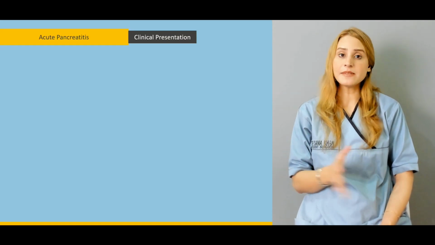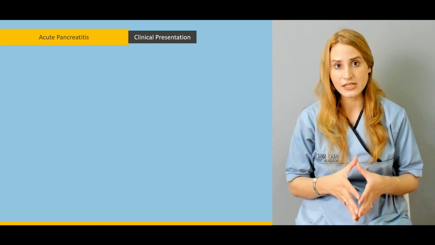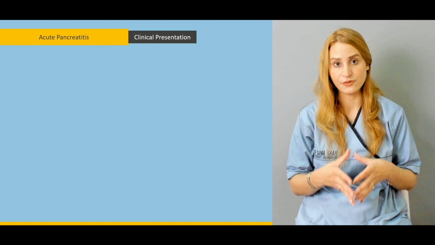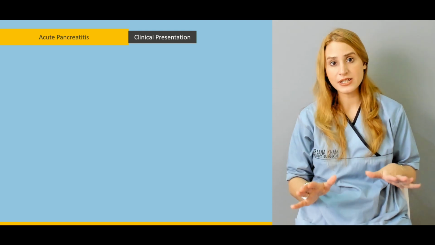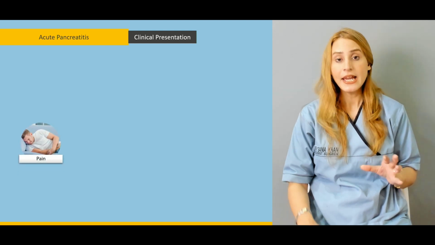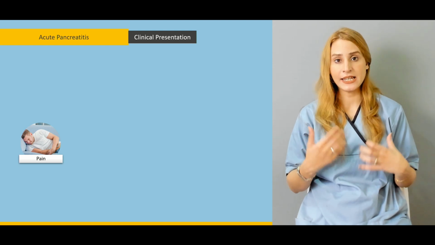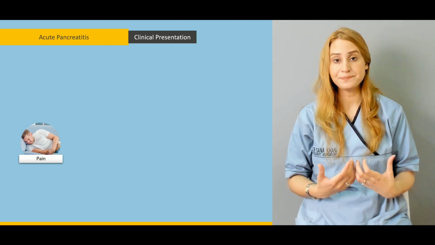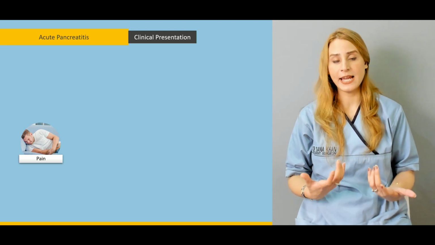The second most important thing to be discussed in case of acute pancreatitis is obviously the clinical presentation of the patient. The first and most important sign with which the patient will come to you is obviously pain. We all know the pancreas is located in the epigastric region, in the central abdomen.